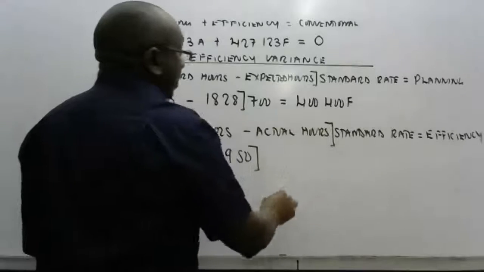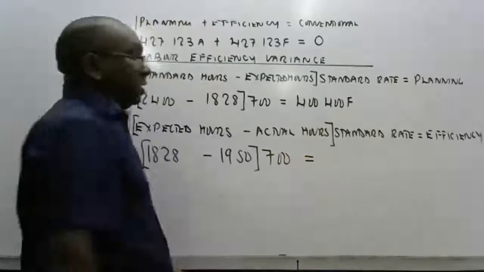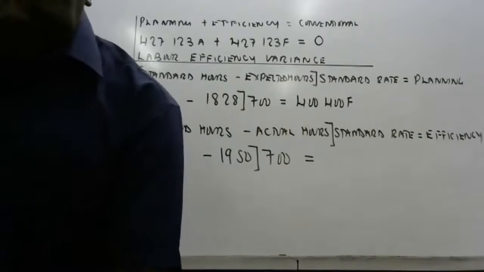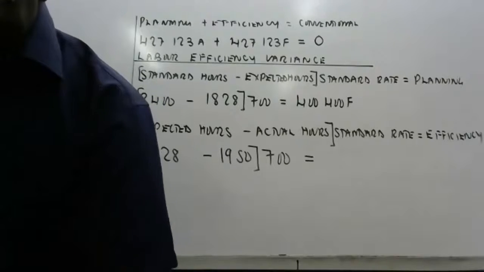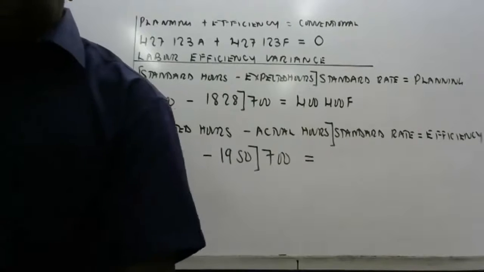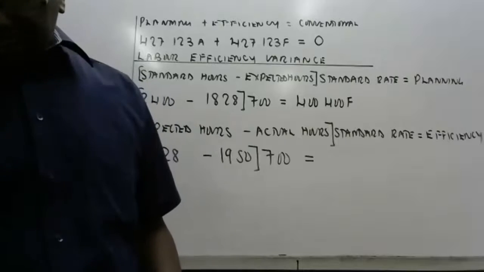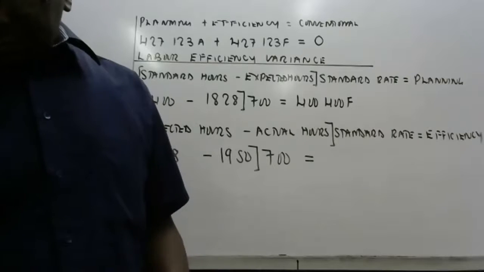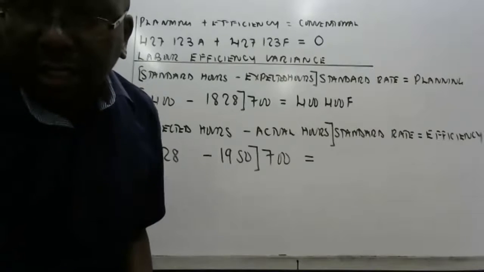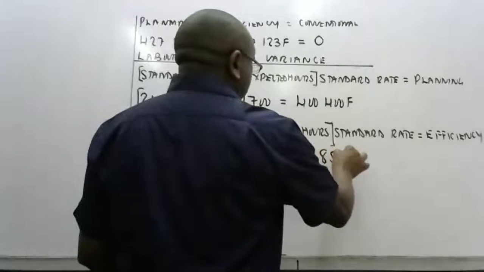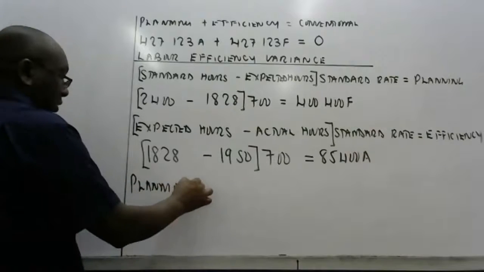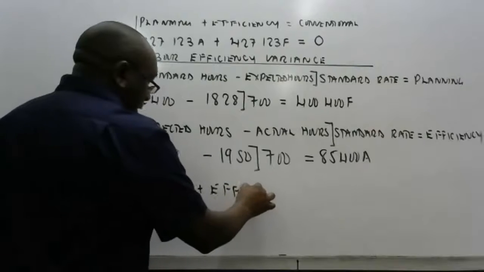Standard rate we already know is again 700. That is $85,400 adverse.